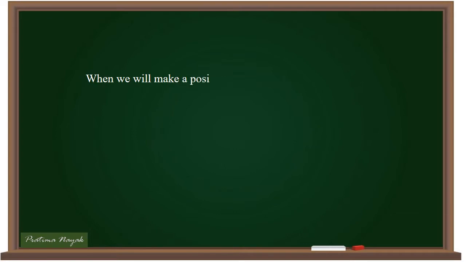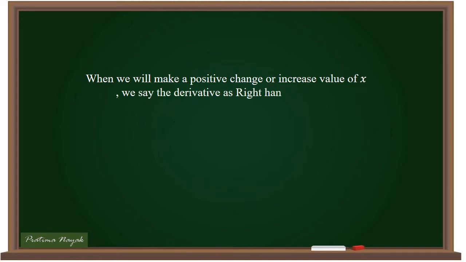When we make a positive change or increase the value of x, we say the derivative is the right hand derivative. We denote it f dash x is equal to limit h tends to 0 of f(x plus h) minus f(x) upon h.